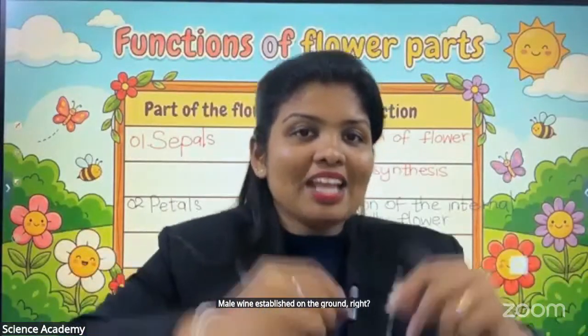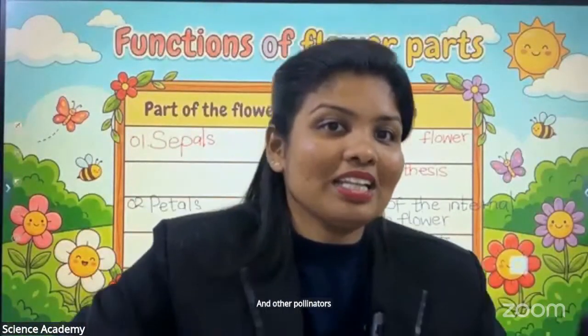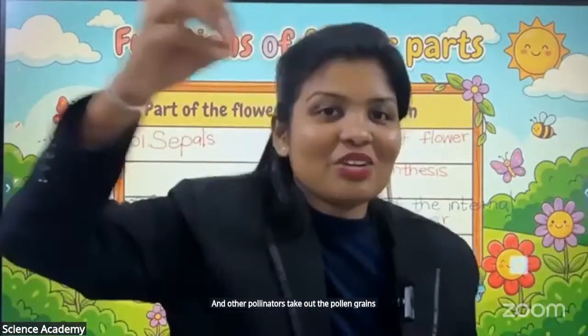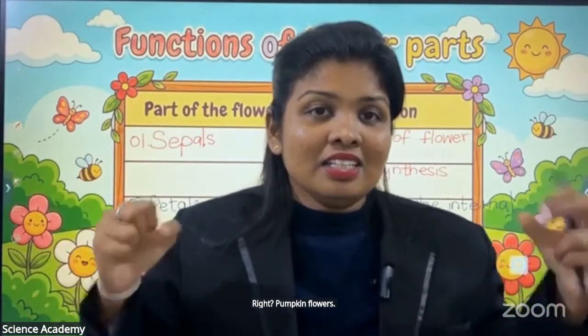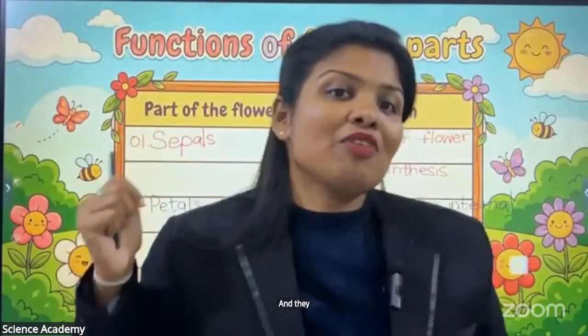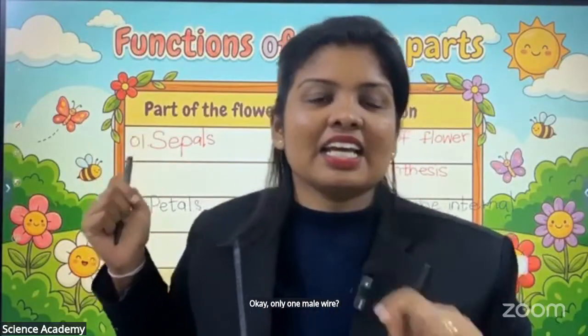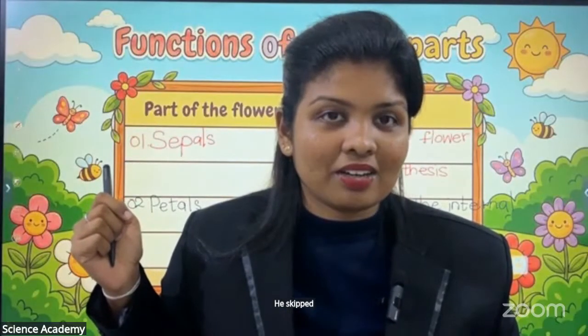From the male vine, honeybees and other pollinators take the pollen grains and deposit them on the stigma of pumpkin flowers in the female vines. Did you get it? Farmers always try to grow female vines on the field and remove male vines. Only one male vine is kept in the ground.